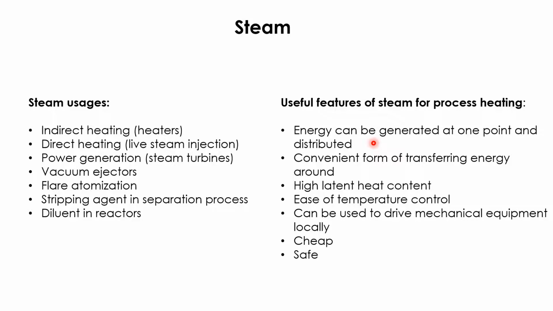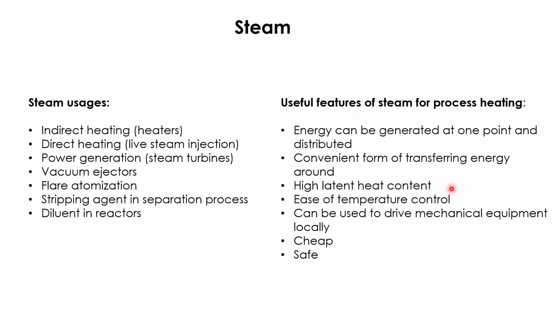So you can imagine that in a chemical plant that needs a lot of heating, we can have one centralized boiler system that produces the steam that can be used in all processes. Also, transferring energy using steam is very convenient because it is pressurized. It moves by itself. We just need a piping system.